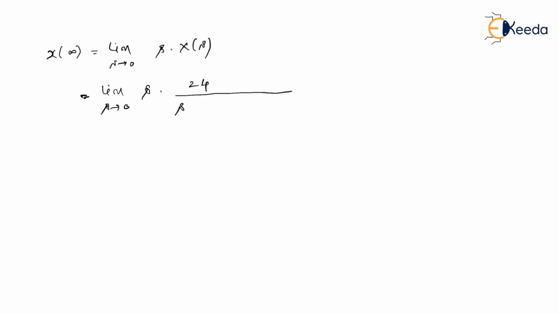So you know that final value means X of infinity, which is always limit s tends to 0 of s times X of s. So let us write the X of s as it is, which is 24 whole divided by s into s plus 2, s plus 5, s plus 1, right?